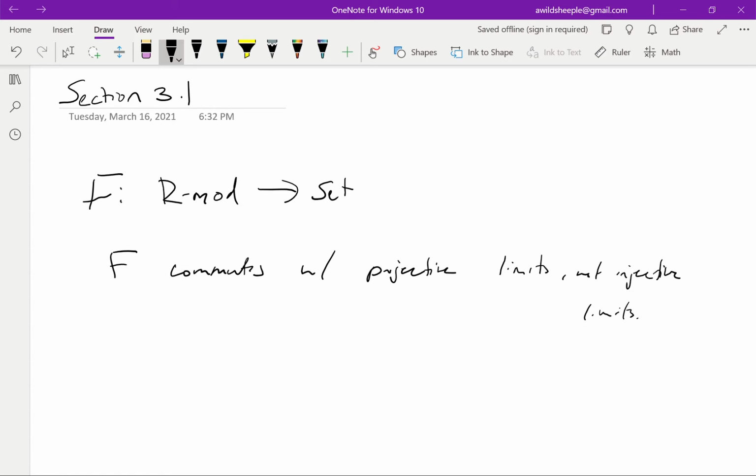On the other hand, if I look at coproducts, or sums rather, what you get should be just the sum of the pieces, because the category of R modules is abelian. And so in R-mod, sums are almost the same as products. They coincide in the case that they're finite.